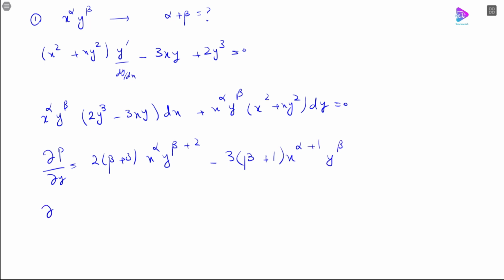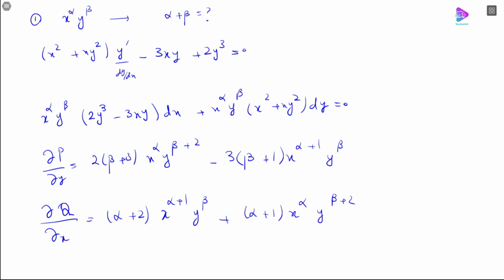And at the same time, dQ over dx is equal to (alpha plus 2) x to the power of alpha plus 1, y to the power of beta plus (alpha plus 1) x to the power of alpha, y to the power of beta plus 2. Now from here we know the equation should be exact, which means we want to see that these two are equal and these two are equal.